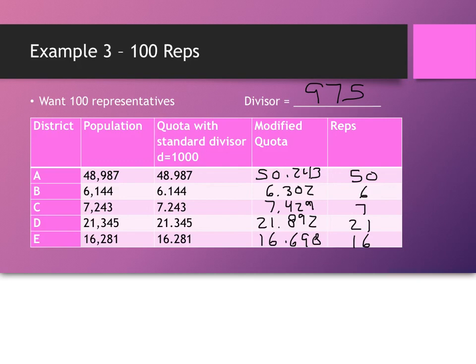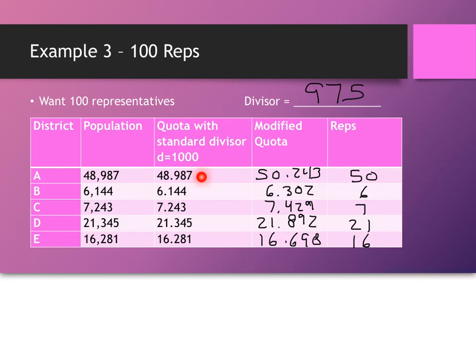Now, the reason I chose this example was because of, in this case, District A. I want you to notice something about District A. With the standard divisor, the quota of District A was 48.987.